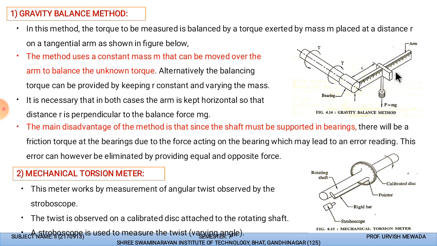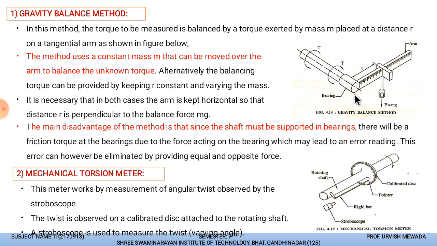The main disadvantage of the method is that since the shaft must be supported in bearings, there will be a friction torque at the bearings due to the force acting on the bearing, which may lead to an error.